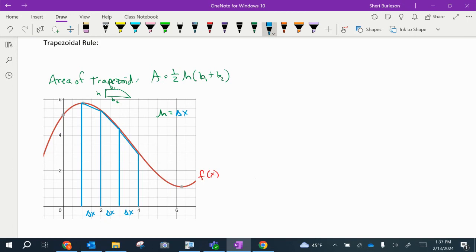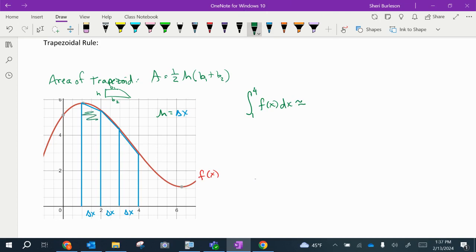So if I were to take the integral from 1 to 4 of this function f of x dx, and I were going to approximate it, I'm using the trapezoidal formula.